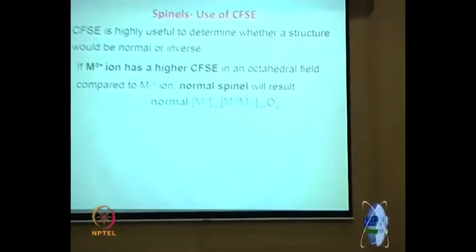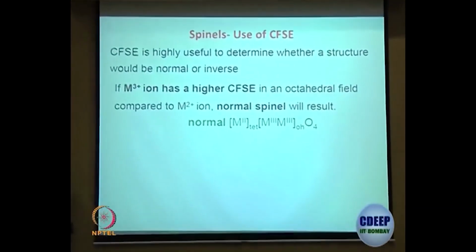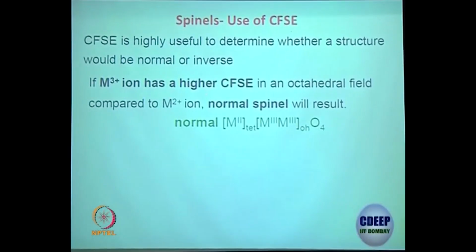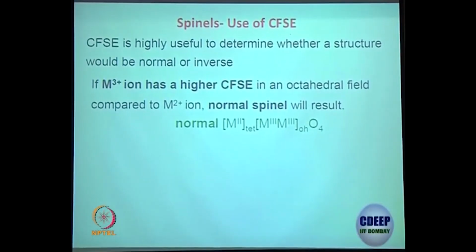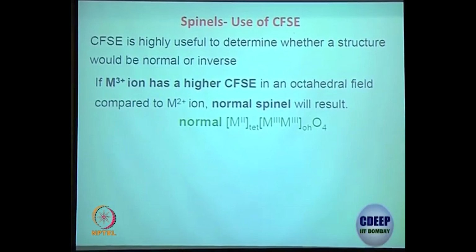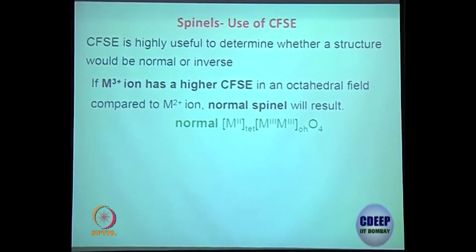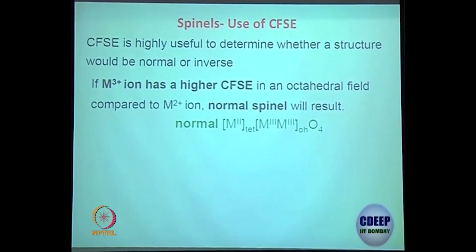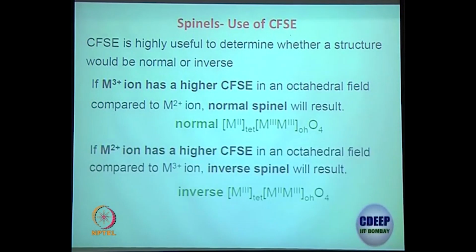When the M3 plus ion has a higher crystal field stabilization energy compared to the M2 plus ion, then this is a normal spinel. If the M2 plus ion has a higher CFSE, then it is inverse spinel.